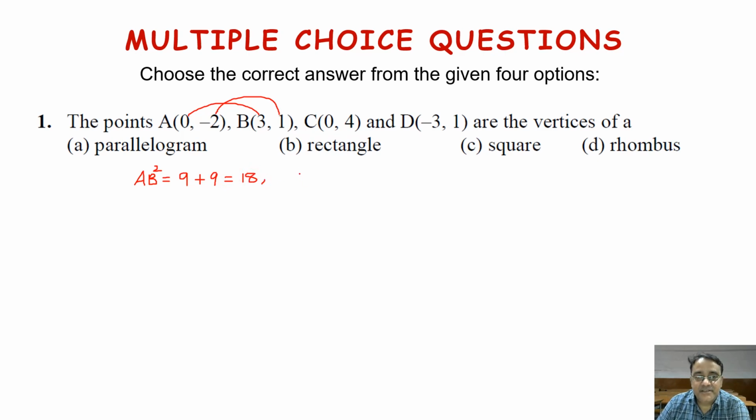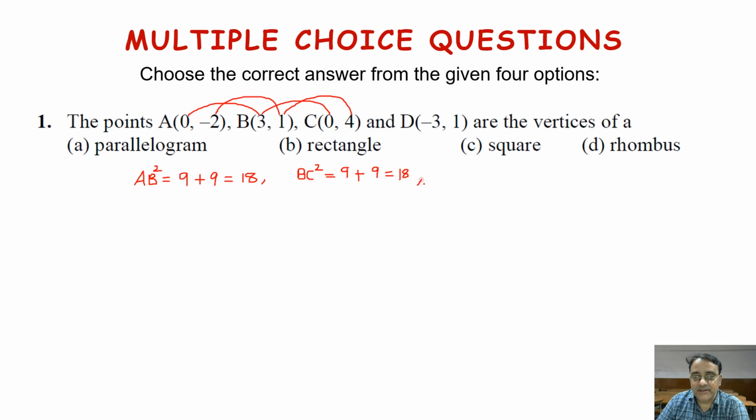Next BC square. BC square, 0 minus 3 whole square, that is 9. And the next one is 4 minus 1, that is 3 whole square is 9. So we are getting BC square is also 18.